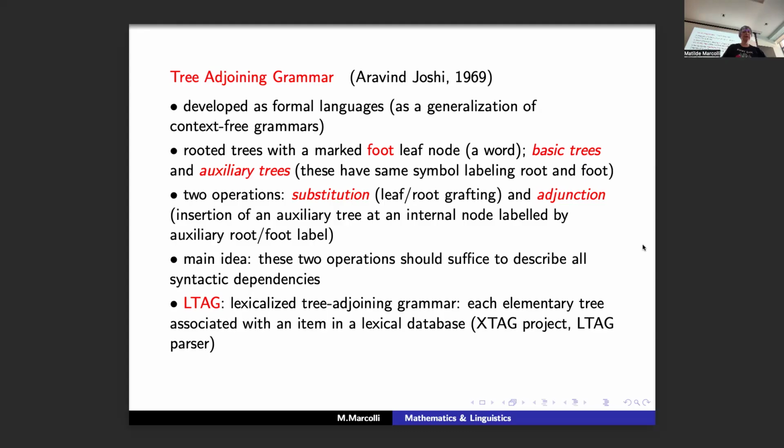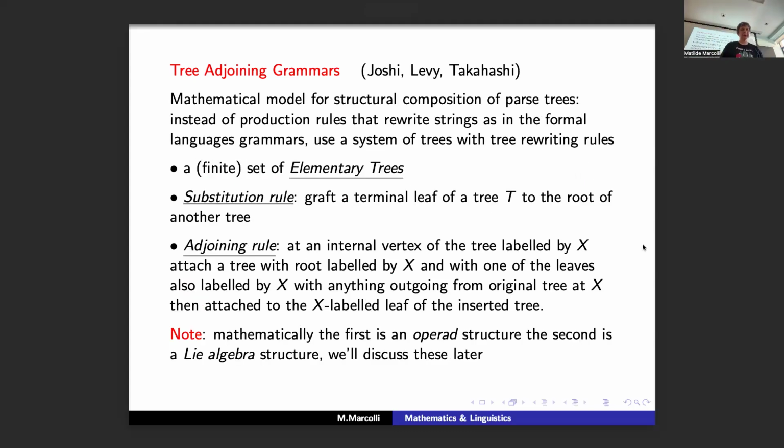This was a proposal that got developed for a while. As formal languages these are in the context sensitive class.